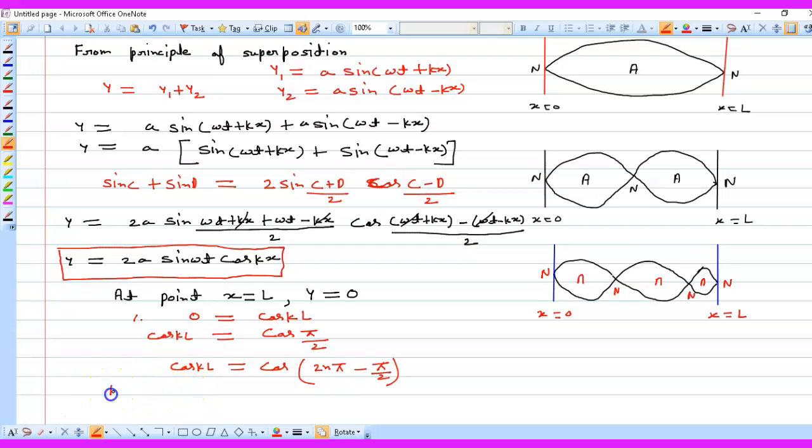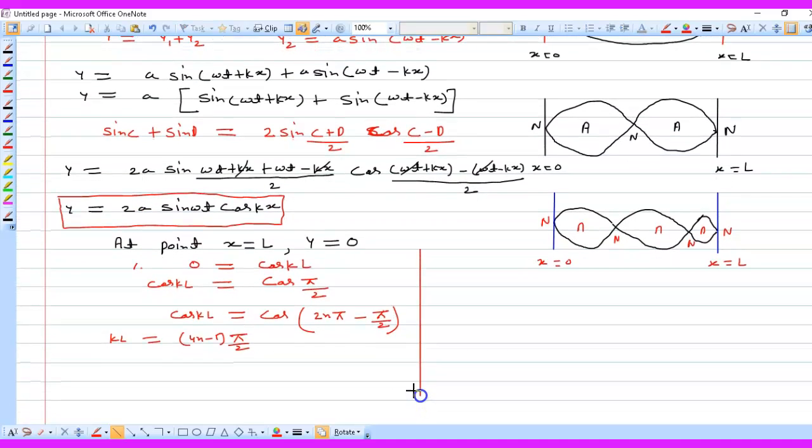Then kL is equal to (4n minus 1) into pi by 2. Putting the value of k, the propagation constant, we know that k is equal to 2 pi upon lambda. Therefore 2 pi upon lambda into L is equal to (4n minus 1) into pi by 2.